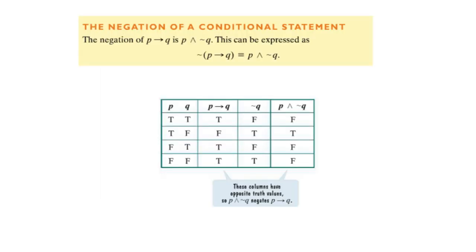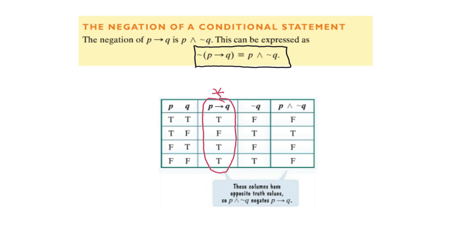The negation of a conditional statement. So remember, the conditional has the arrow, and it says the negation of a conditional is equivalent to P conjunction not Q. And the way we can prove that it is the negation is they found the truth table for the conditional, which is right here in this column.